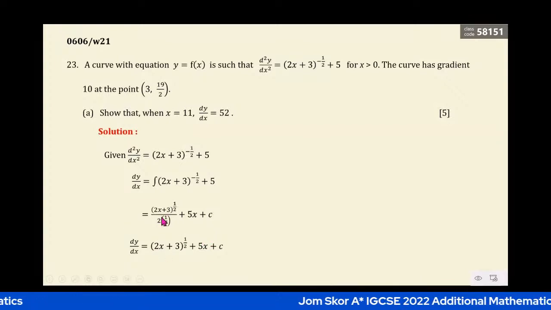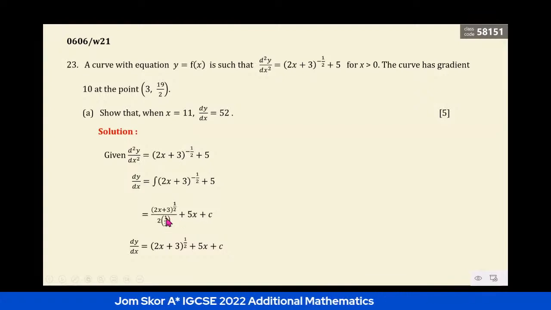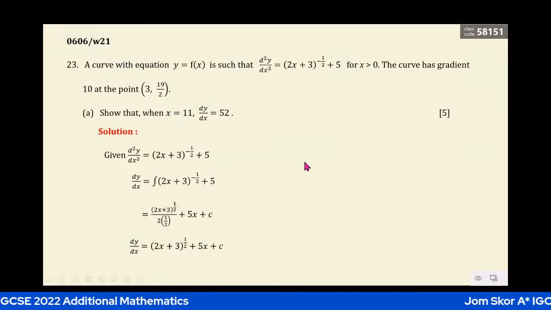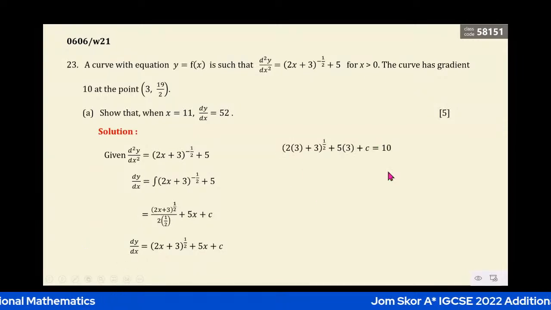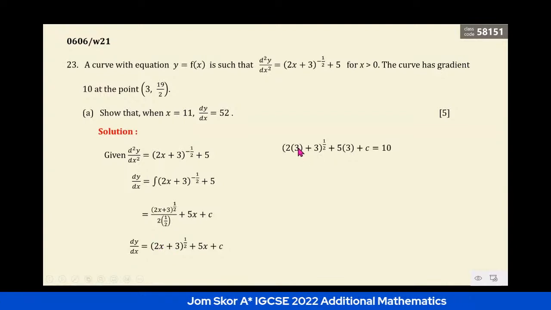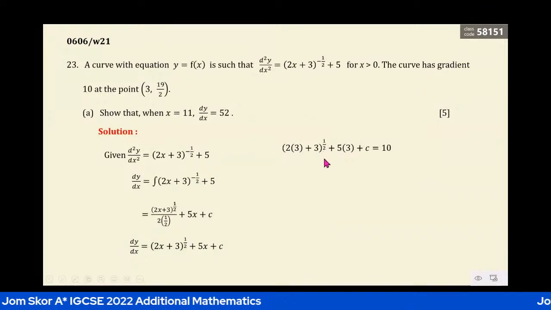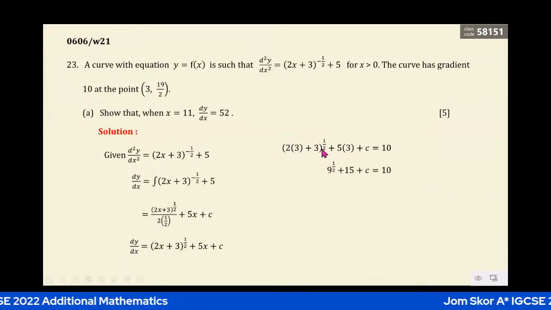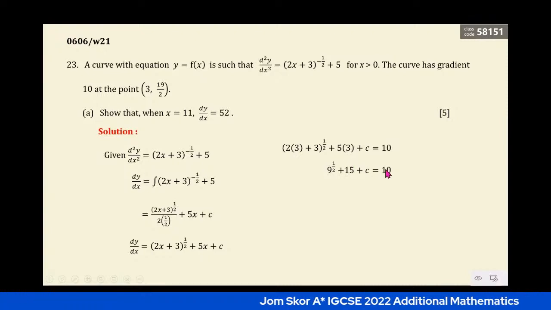Simplify first. The 2 and 2 here we can cancel out, so it is over 1, and when it is over 1 we don't need to write it. Then we substitute dy/dx is equal to 10, x is 3. So to the power of 1 over 2, what we have is 9 to the power of 1 over 2 plus 15 plus c equal to 10.